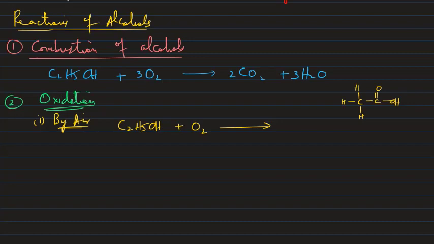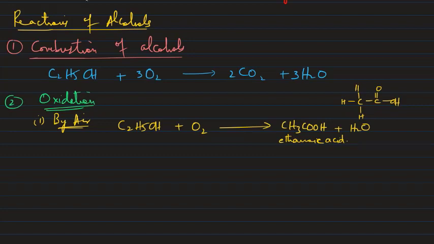So we can write it like this: CH3COOH, and along with it we get H2O. So this is the oxidation of alcohol, and this is ethanoic acid, and ethanoic acid is a part of vinegar.